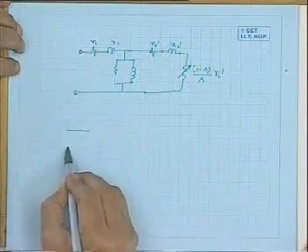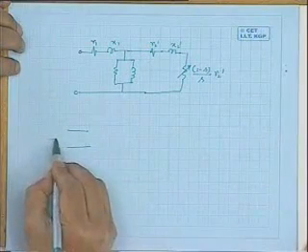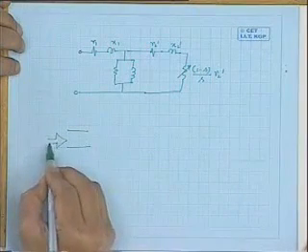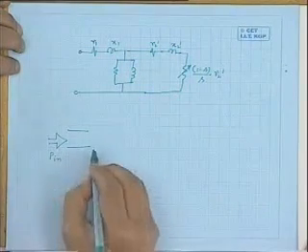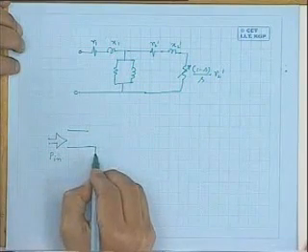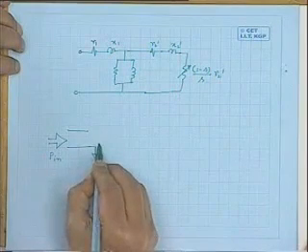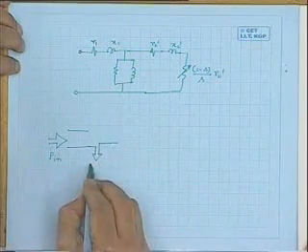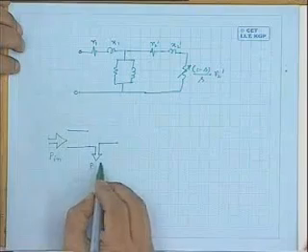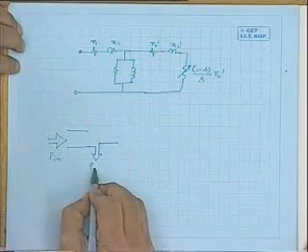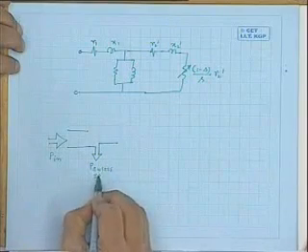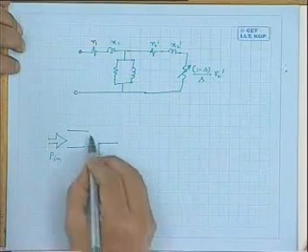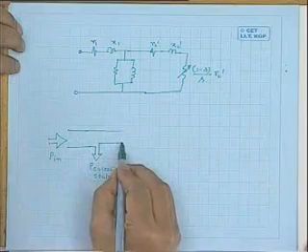That is, if I draw like this, there is some input power P input I have given. Then from this, a portion will be lost as stator copper loss, P copper loss, stator.